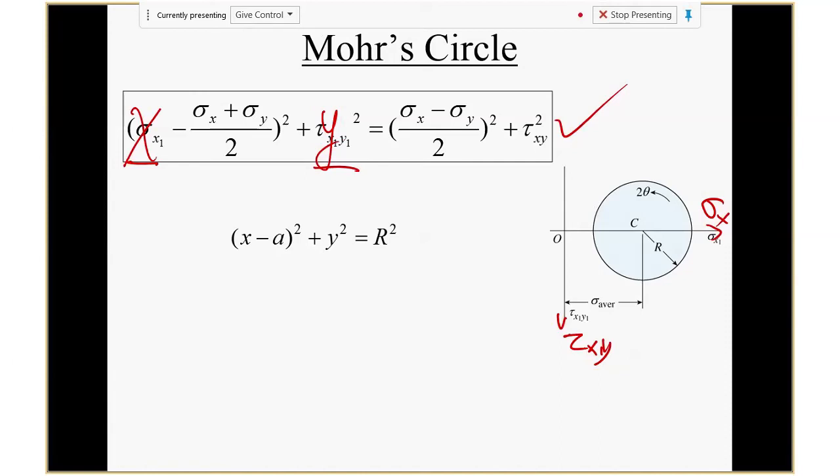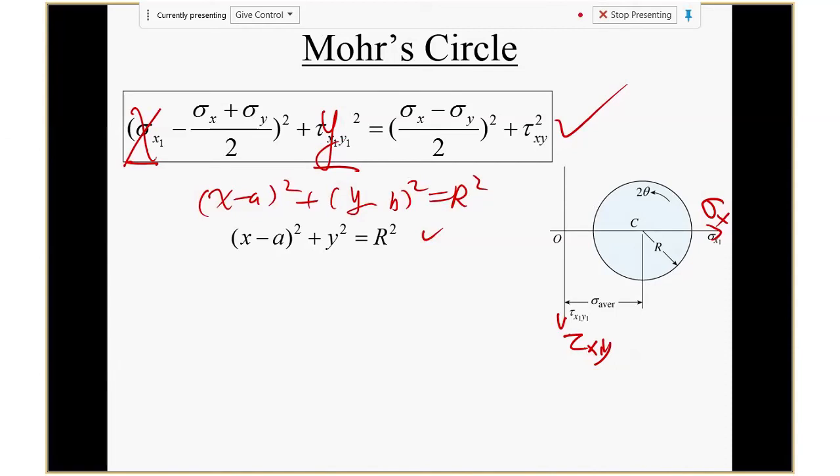Are these two equations similar? Now, where's the center of this one? When you have the equation x minus a squared plus y minus b squared equals r squared, where is the center? It's a and b.